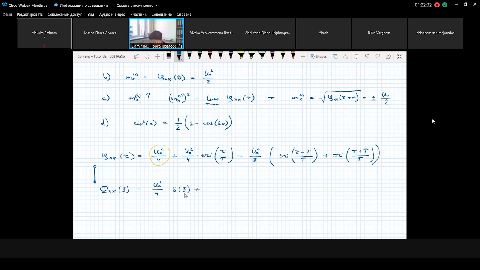Then the second term in our autocorrelation function is simply a Fourier transform of the triangular function, and it gives us u0 squared over 4 times capital T times sinc squared of pi f capital T, minus the second part. For simplicity, we can rewrite it in a slightly different form.